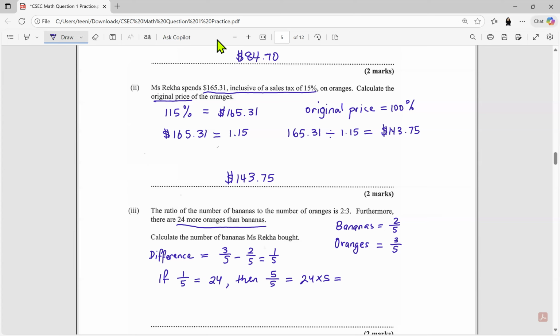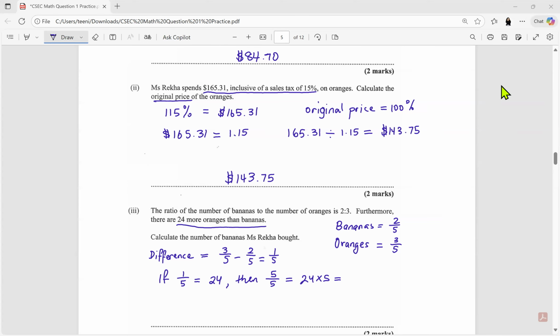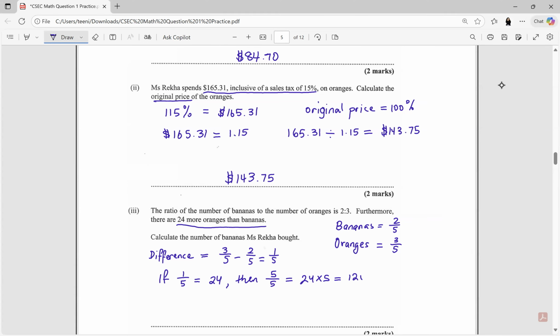Genesis, that was you, right? That said it's 24 times 5? Yeah, sorry, 120. Correct. All right. So there are 120 fruits in total.